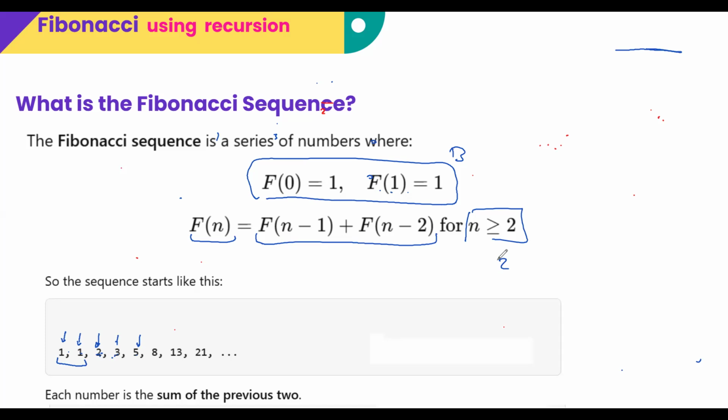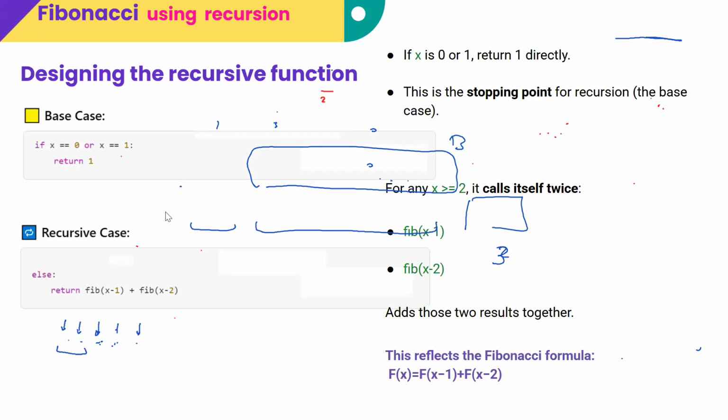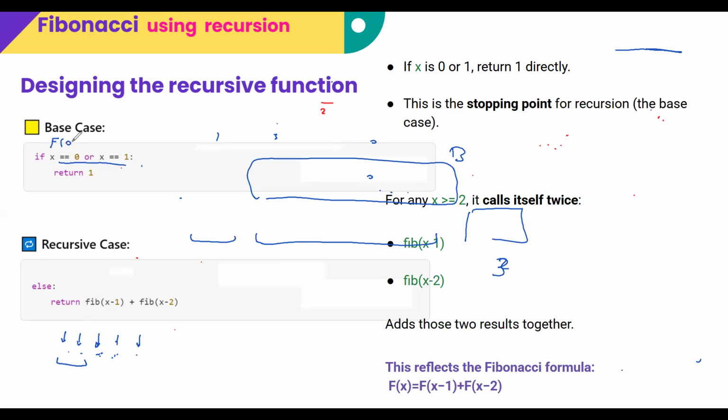What about if we have 3? Then we need maybe 2 recursive calls. So let's have a look. This is the base case, because f of 0 equals 1, and f of 1 also equals 1. If we face this, we return 1.